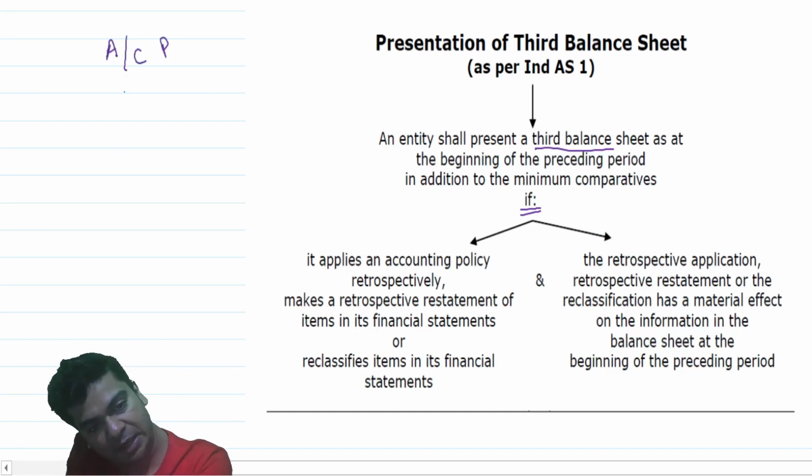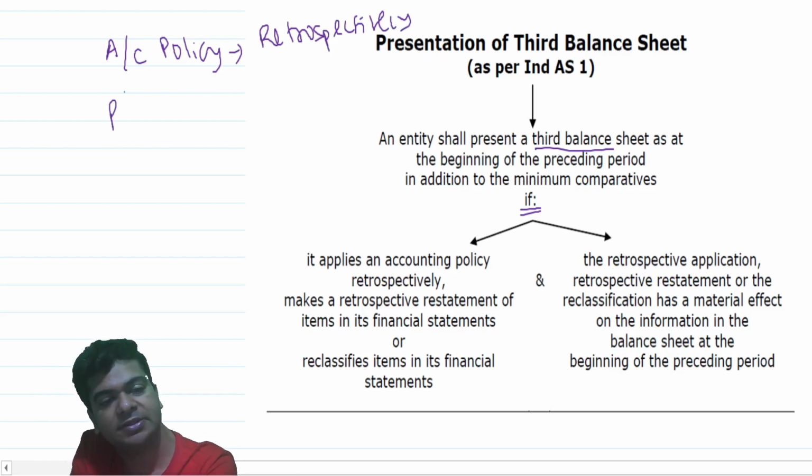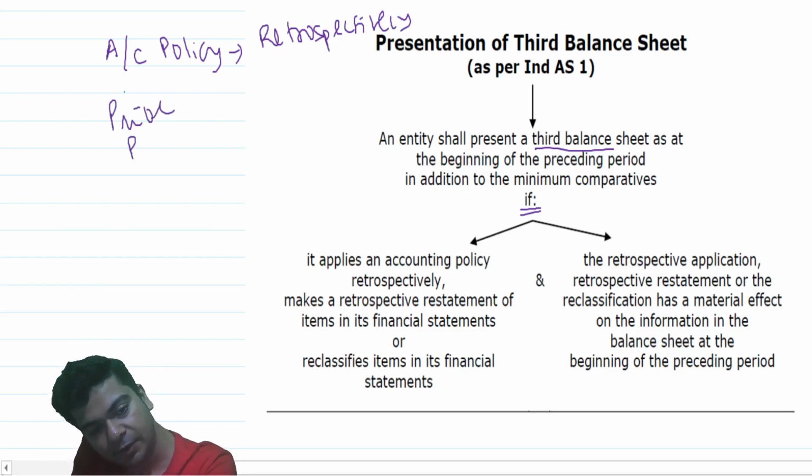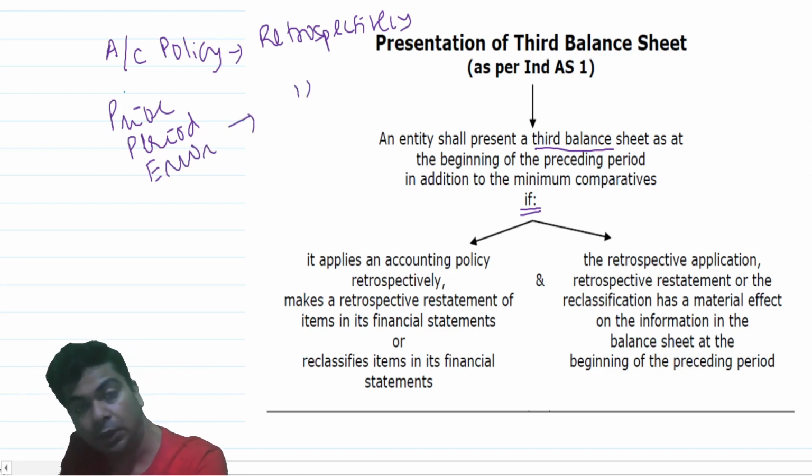you are following some accounting policy and you are changing it, then its effect we know will be given retrospectively. Or there is some prior period error and its effect is also given retrospectively.